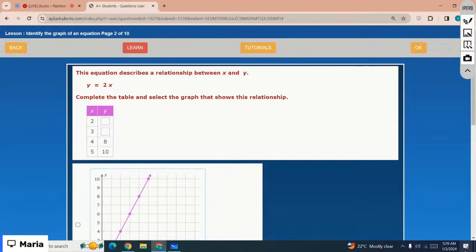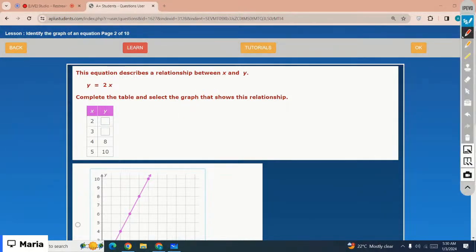First, you have to complete the table, right? You have y equals 2x. You have to calculate for 2. 2 times 2, that is 4. Then 3 times 2, that is 6. Okay, the missing values are 4 and 6.